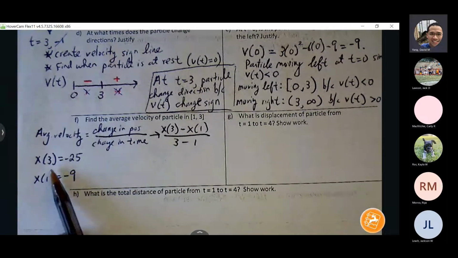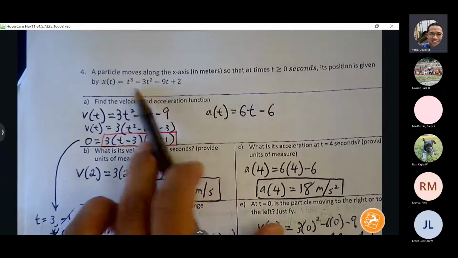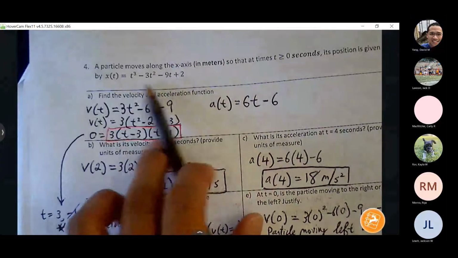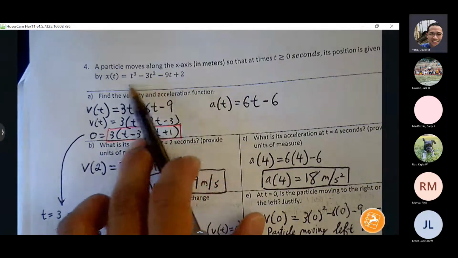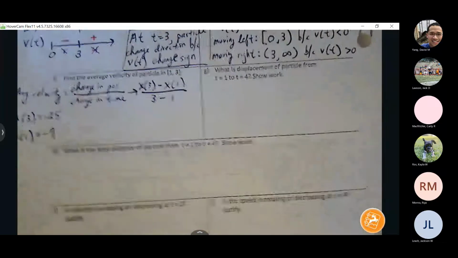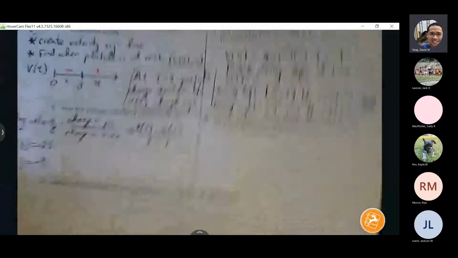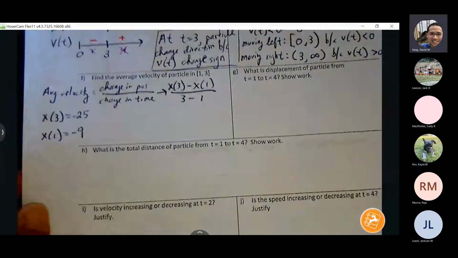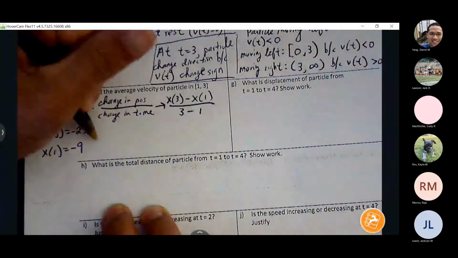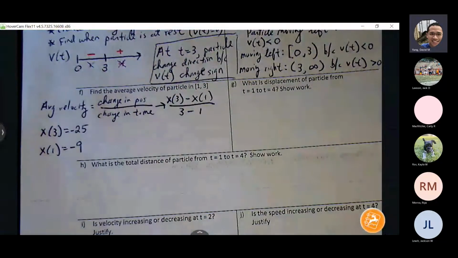So I'm just inserting 3 into the function here and finding the position, inserting 1 into the position function to get its position. Gather those specific locations. Now I'm just going to put them into the formula.